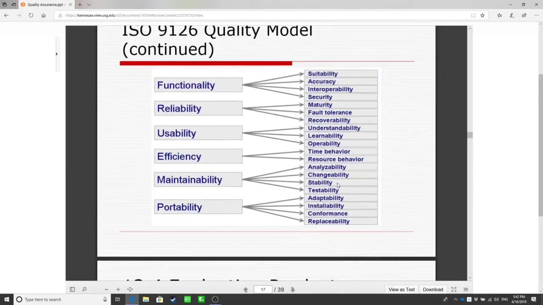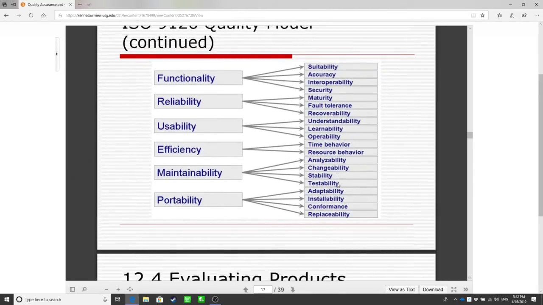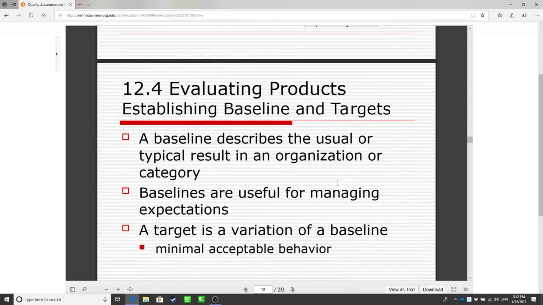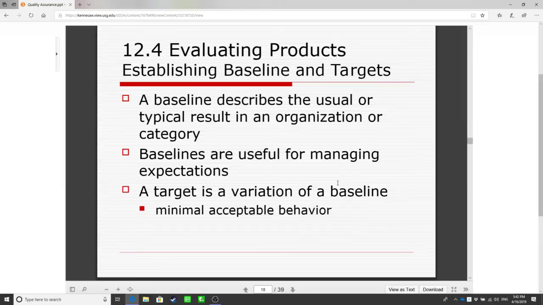We use this model to evaluate quality. So what are the baseline and the target when we're doing the evaluation? The baseline describes the usual or typical results in the organization or category. Baseline is useful for managing expectations.